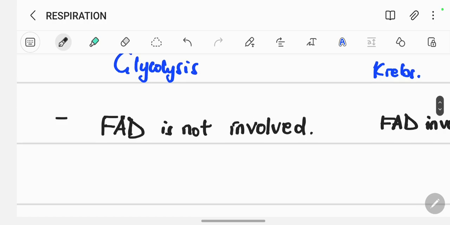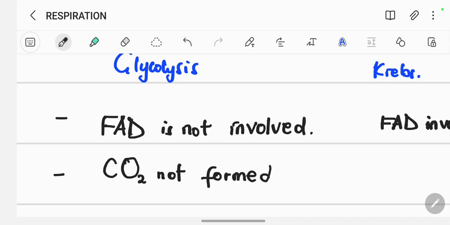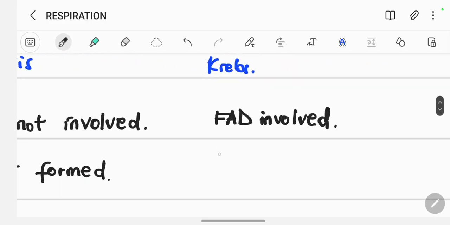Then we have carbon dioxide. In glycolysis, carbon dioxide is not formed, but in the Krebs cycle we have carbon dioxide formed.